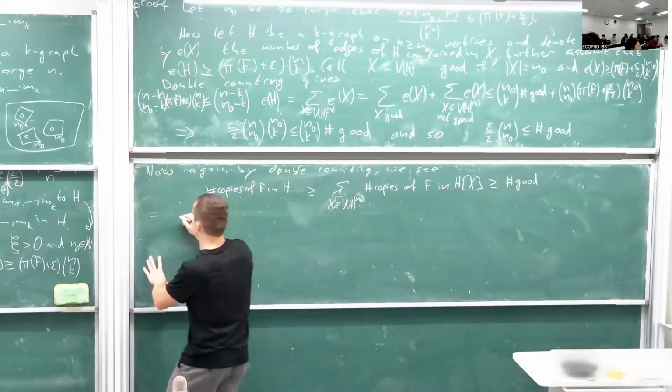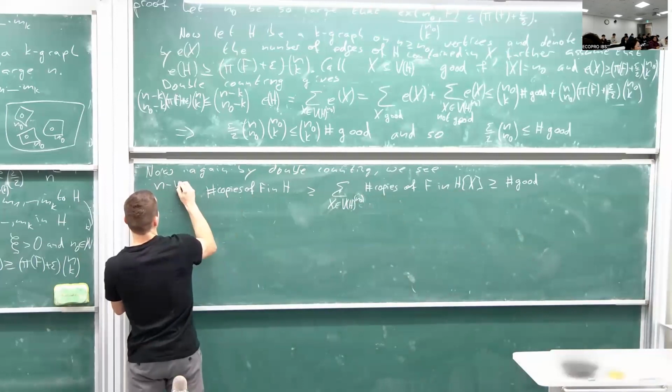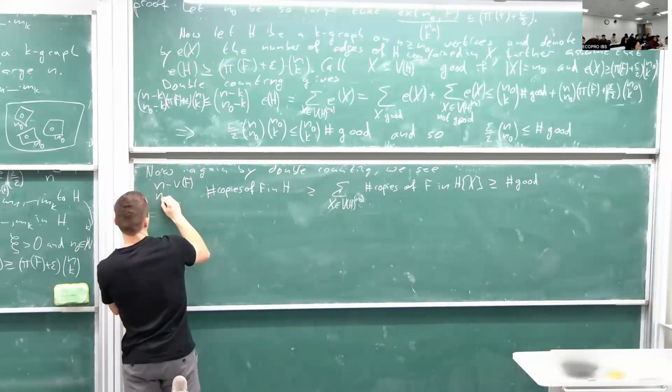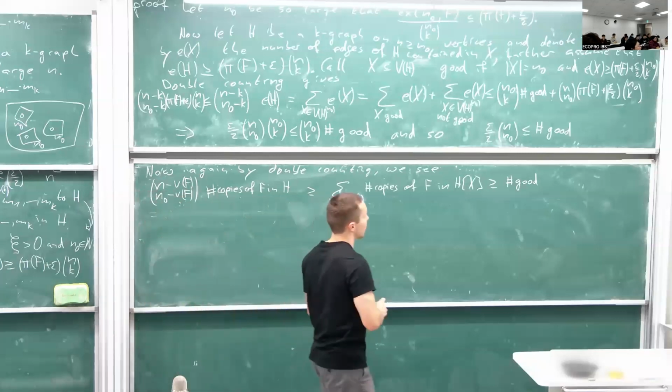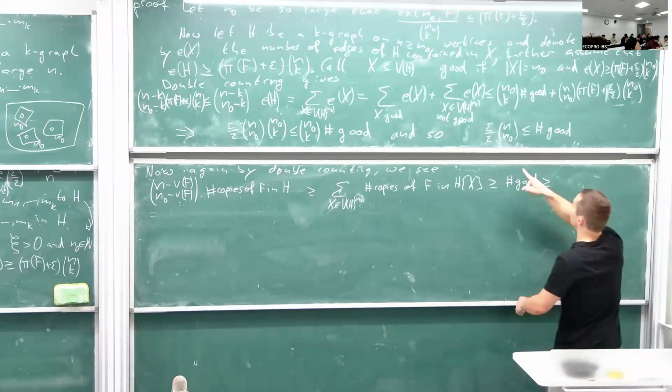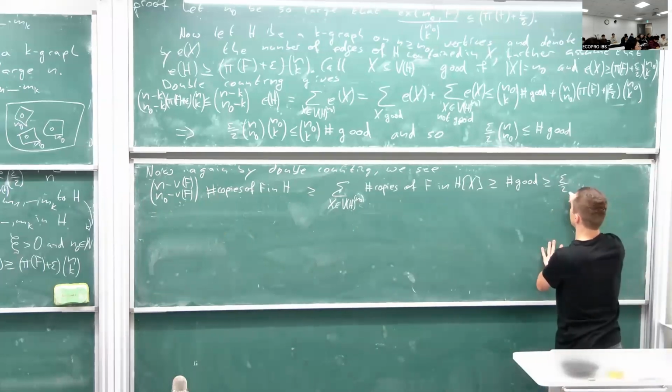So we have n minus VF choose n0 minus VF. And here we use our lower bound epsilon half.